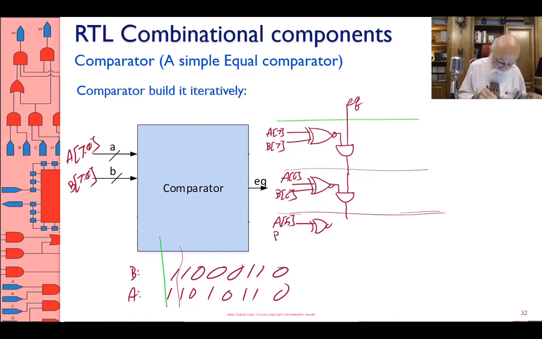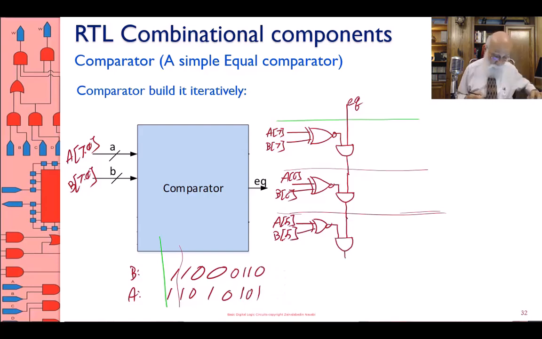A5 and B5 are also compared, and they take the AND from the previous one and just carry it over.